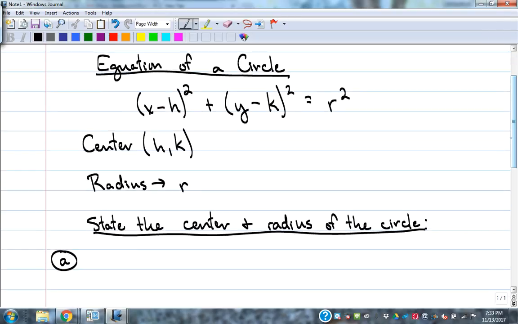Okay, so the first game we'll play is state the center and the radius of the circle, and we're going to be given the equation. Let's say (x minus 5) squared plus (y minus 3) squared is equal to 16.